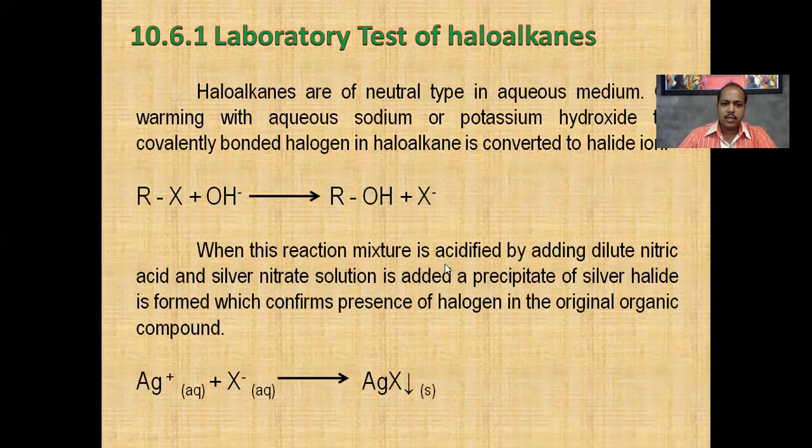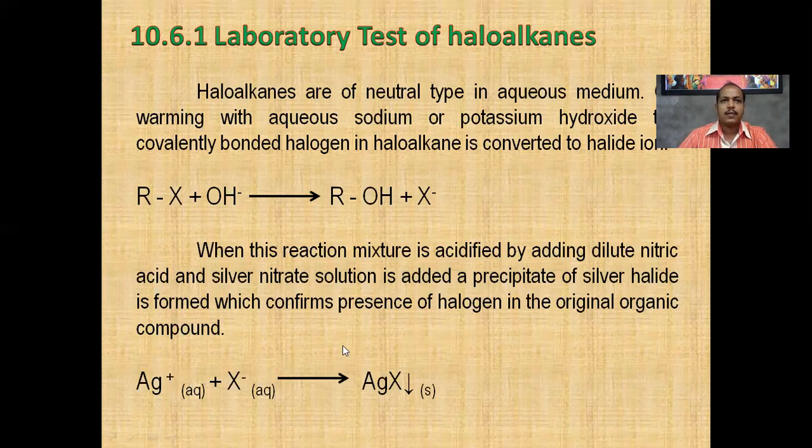When this reaction mixture is acidified by adding dilute nitric acid and silver nitrate solution, we get precipitate of silver halide, which confirms presence of halogen in original organic compound. So by using this test, we can confirm the presence of halogen in original organic compound.